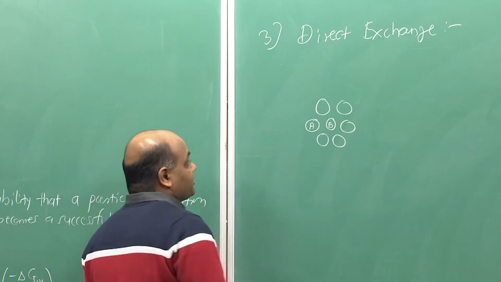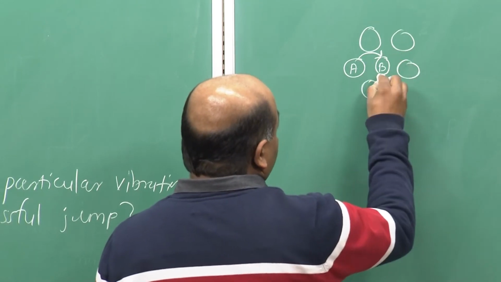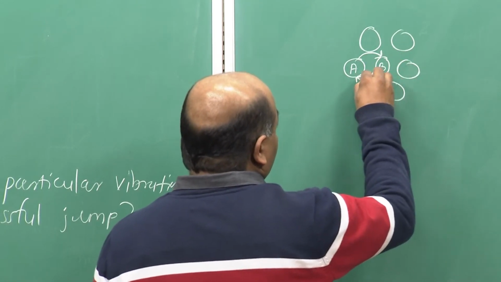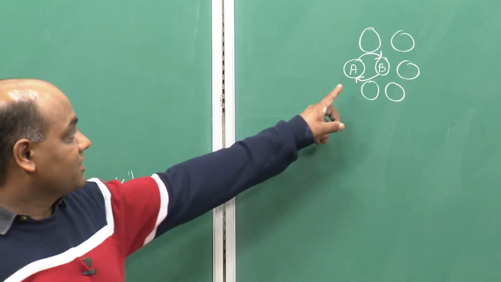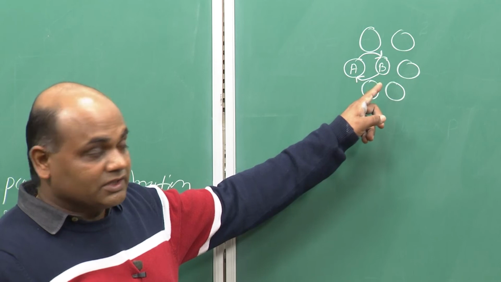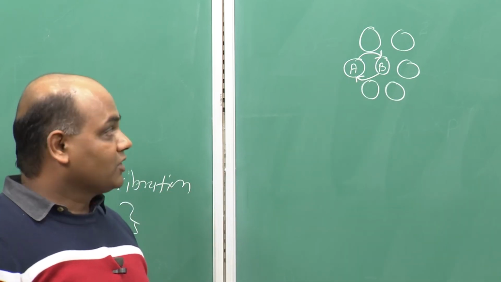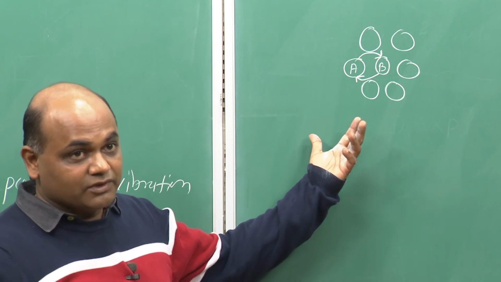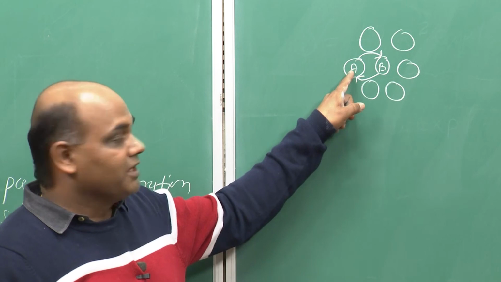In the direct exchange mechanism, A will move to B, and at the same time B will move to A. At the end of this exchange, the positions of A and B will be swapped.